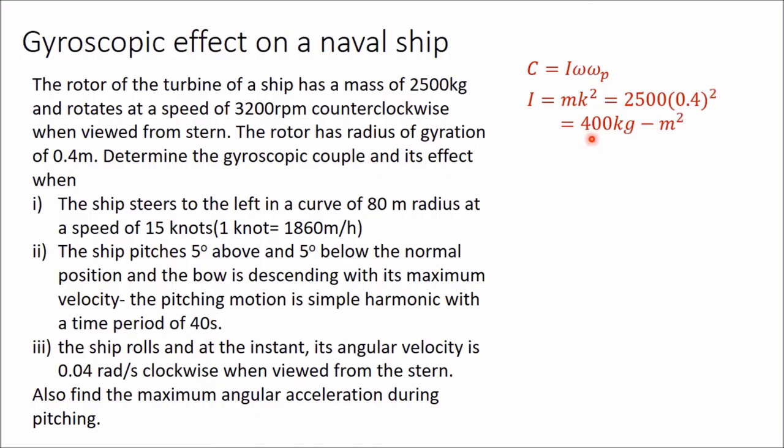From that you get 400 kg meter square as I. Omega is 2 pi n by 60, where n is given in rpm, which is equal to 3200. Putting this value here, you will get the value of omega as 335 radian per second.